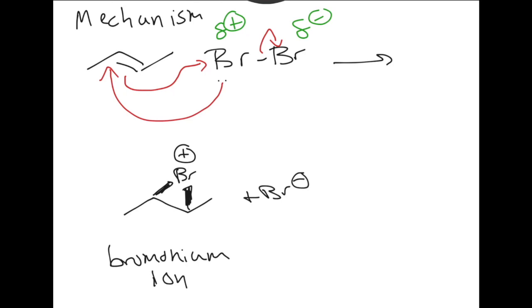If it's a chlorine, it's a chloronium ion. So now, instead of your carbon ever being positive, your bromine is what ends up being positive. So I never have a carbocation, so I could never do a carbocation rearrangement. So you don't have to worry about that anymore. Now, I've got to add my bromine, my Br minus, to this.